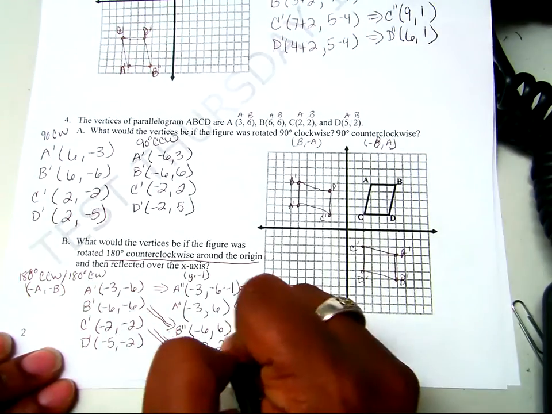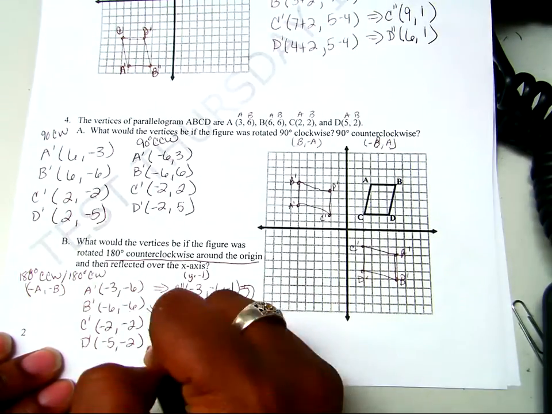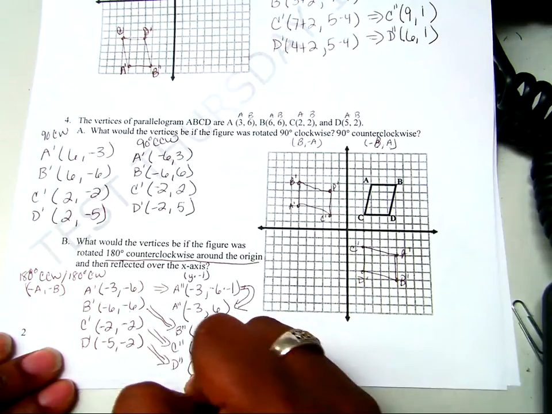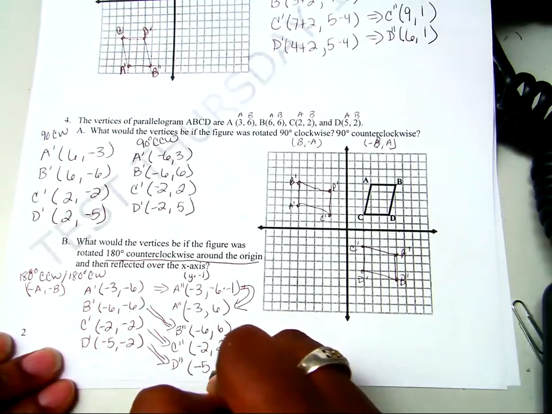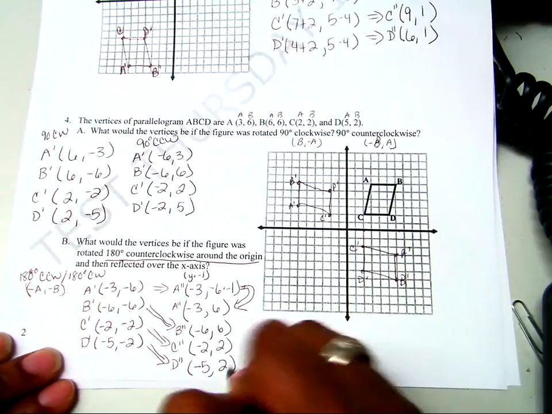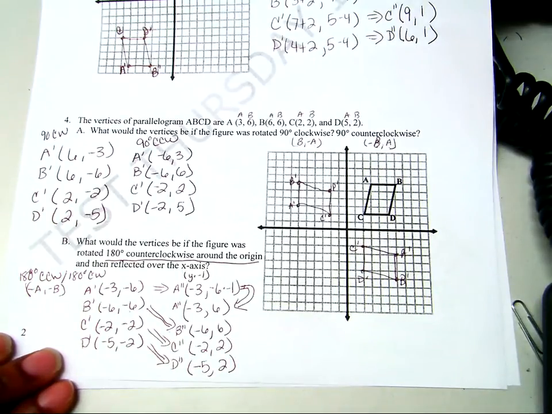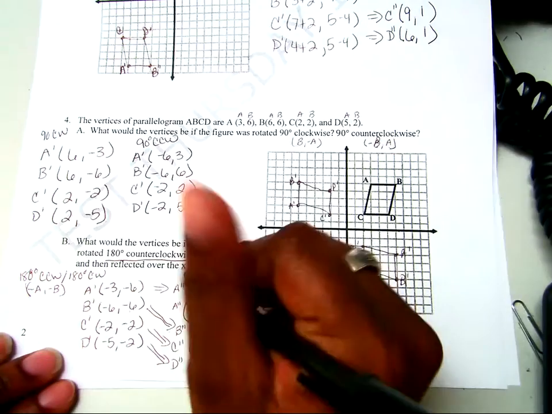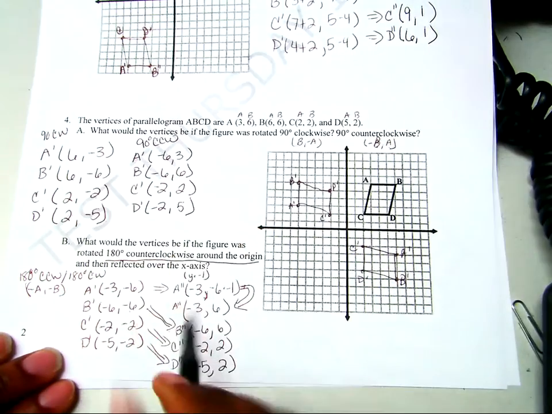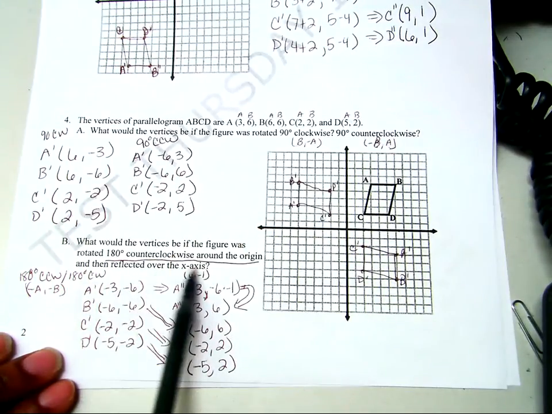D prime prime, I keep my x, and I multiply my y by negative 1. Right? So this is the full process. You keep the original x, because they asked me to go over the x-axis, so I keep my original x, and my y is changing.